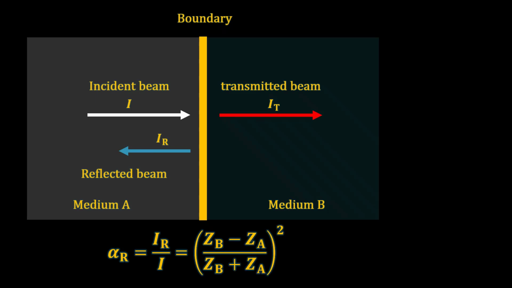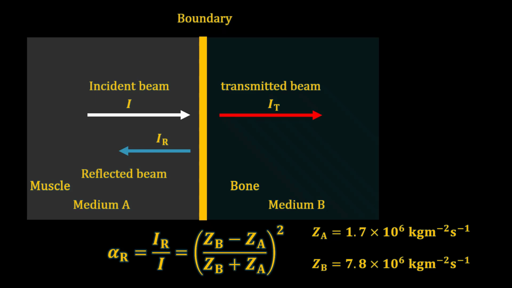The intensity reflection coefficient alpha R, which is equal to IR over I, is equal to ZB minus ZA over ZB plus ZA, all squared. If we have muscle and bone as our media, then we have ZA equals 1.7 times 10 to the power of 6 kilograms per meter squared per second, and ZB equals 7.8 times 10 to the power of 6 kilograms per meter squared per second.